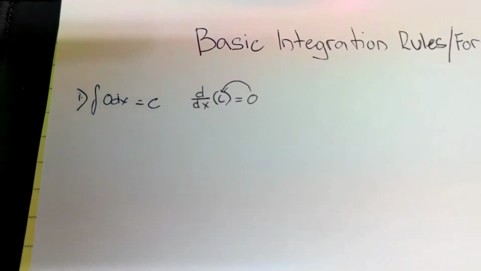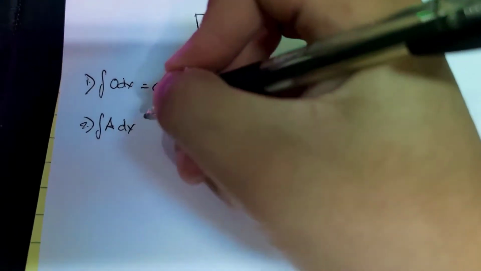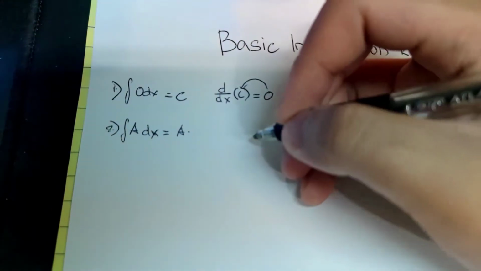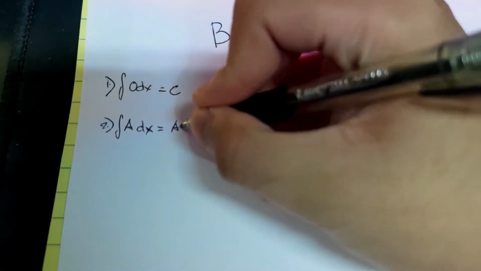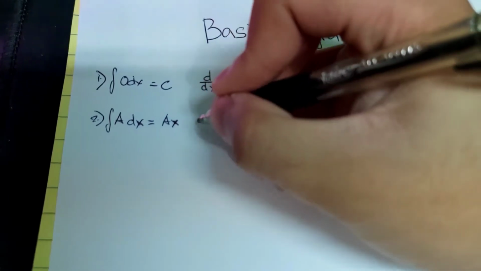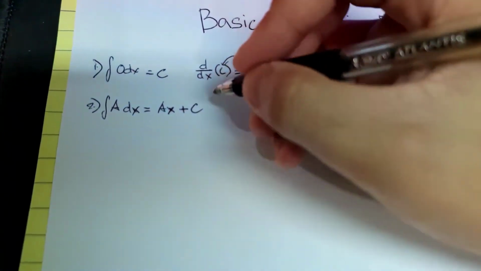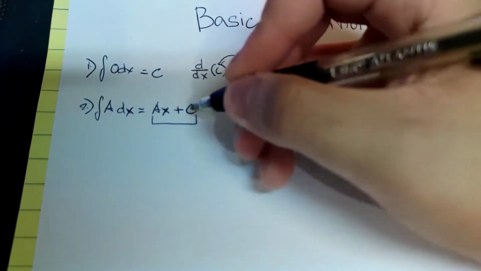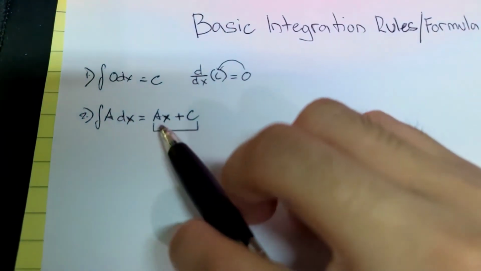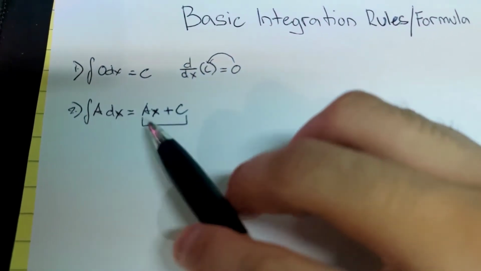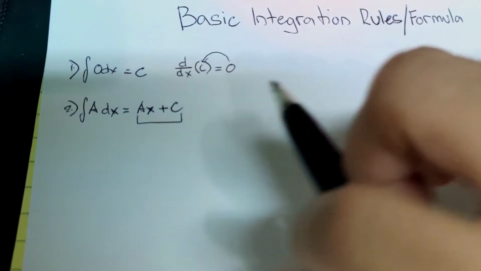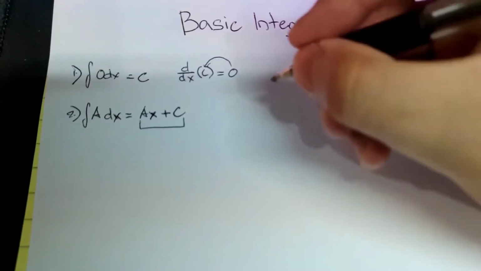Next, the second formula is for the integral of a with respect to x. The function whose derivative is a will be ax, and we add our constant of integration, plus c. We get this because if we differentiate ax, the derivative of ax is a, and the derivative of c is 0. So we have an example here.